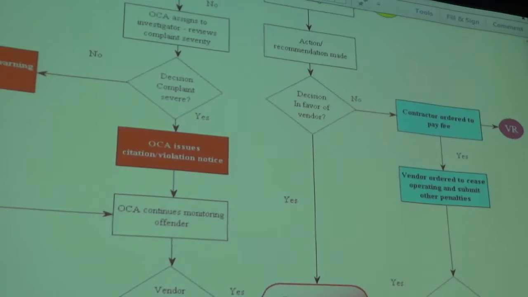If the fee is initiated, then it goes to the accounting revenue collection function of the Office of Consumer Affairs. If a fee is initiated, that also leads to the vendor needing to cease and desist from operating the way he or she is operating, and may be subject to additional penalties.